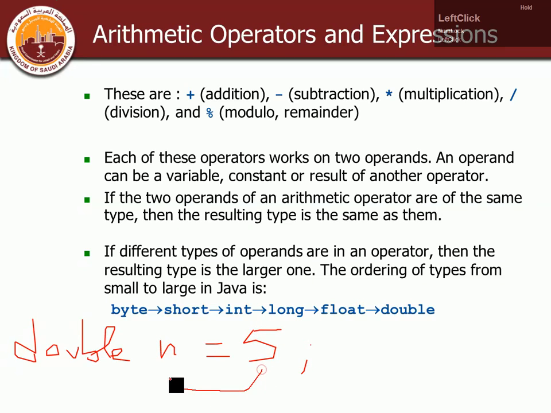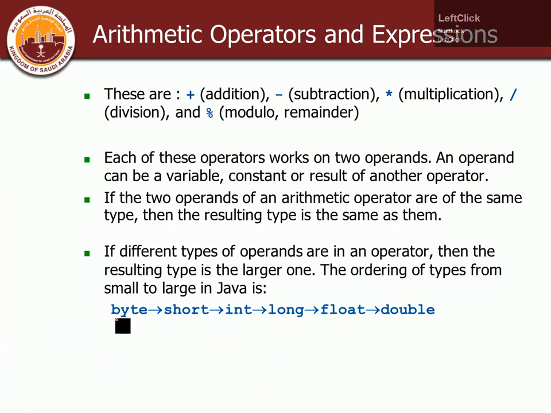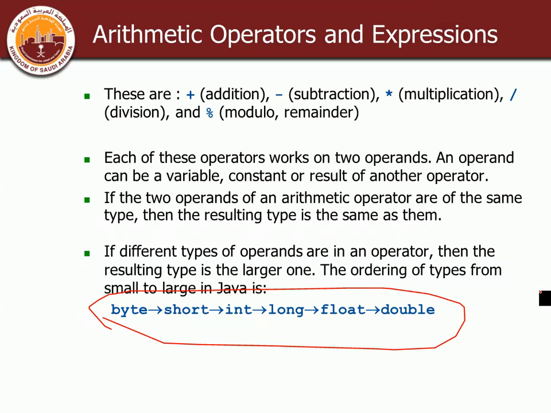But I can put an int into a double, because int is smaller than double, so I can put a small value in a big cup. That's not a big problem. But I cannot put a big value in a small cup. So you just have to remember these things. If you have a small value, you can put it in a bigger box, but the opposite is not right. Is that okay?